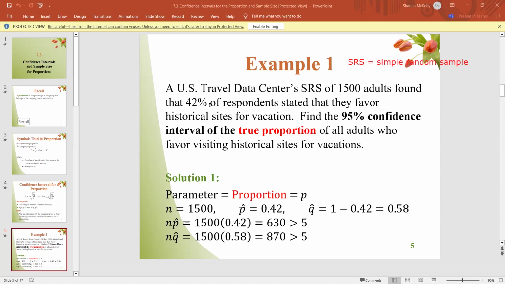Find the 95% confidence interval of the true proportion of all adults who favor visiting historical sites for vacations.